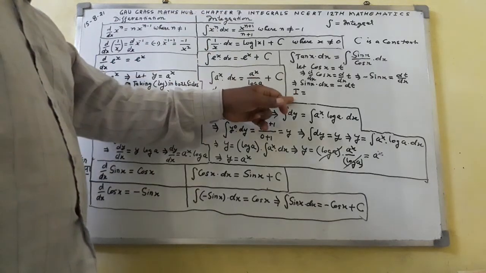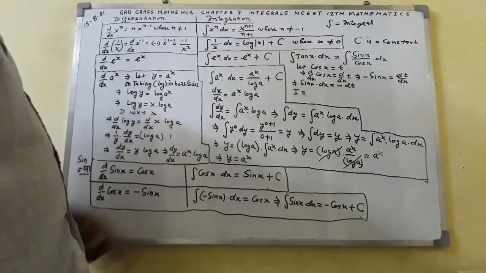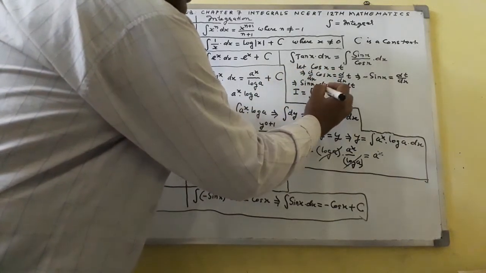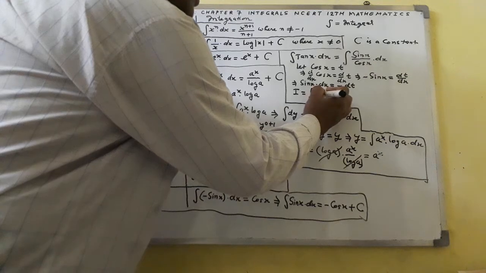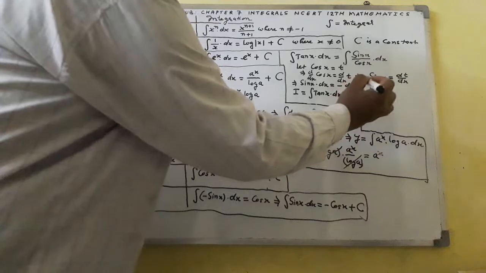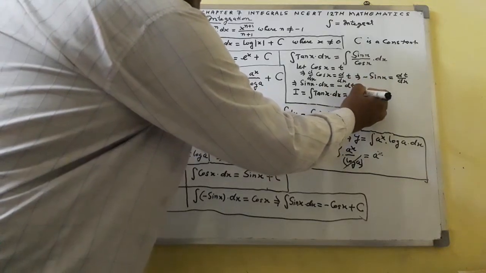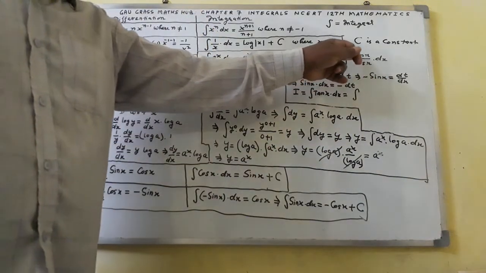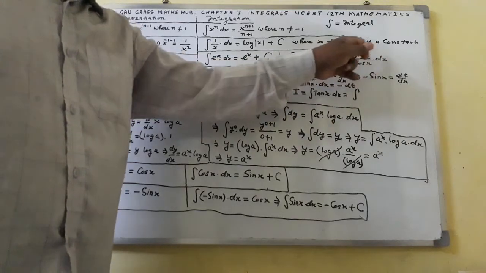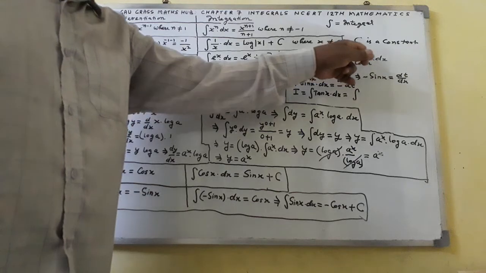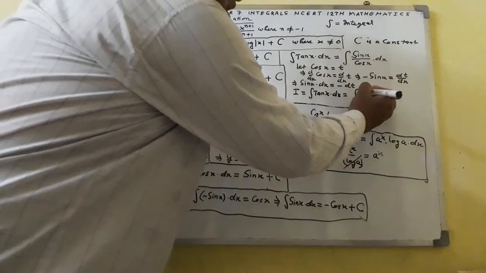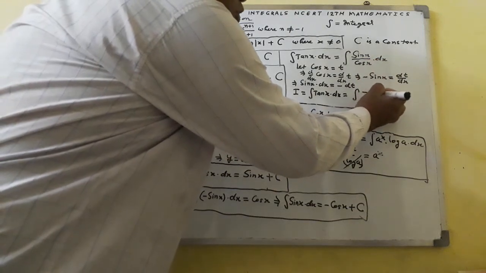The integration I equal to integral tan x dot dx equal to integral sin x dot dx. In place of sin x dot dx I shall write minus dt. So here I write minus dt over t.